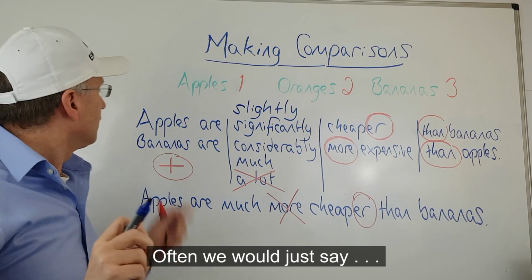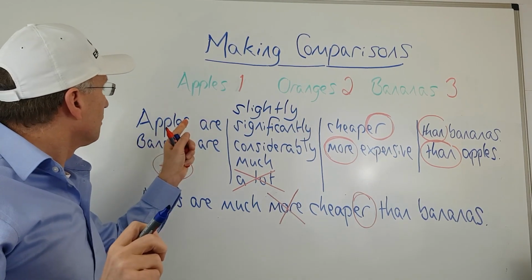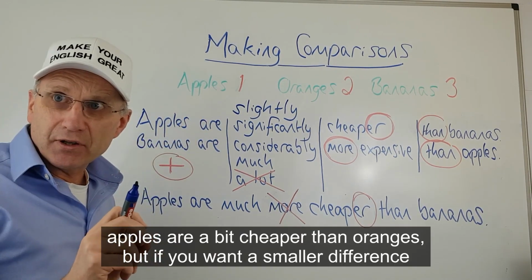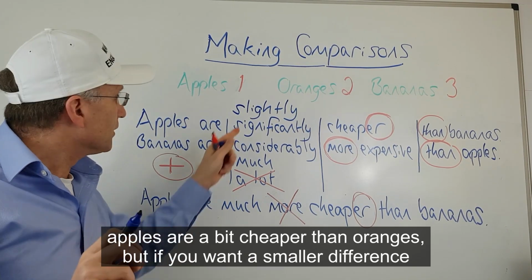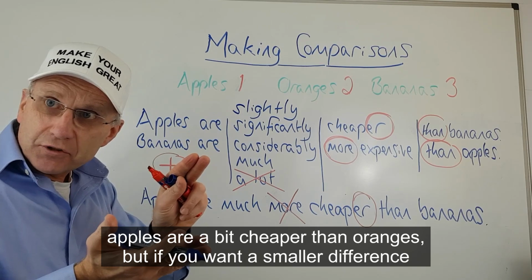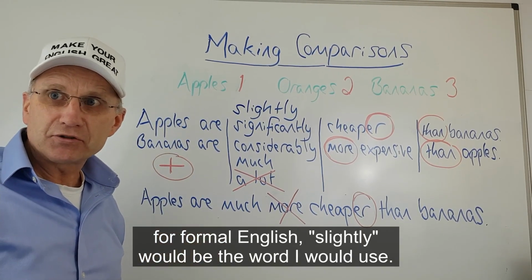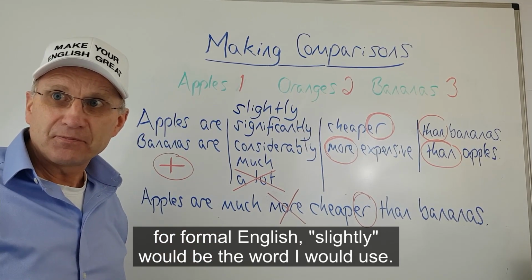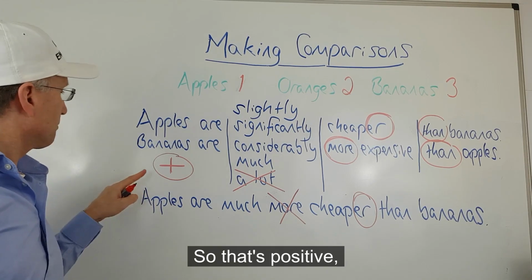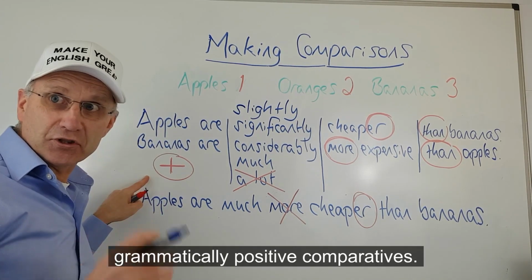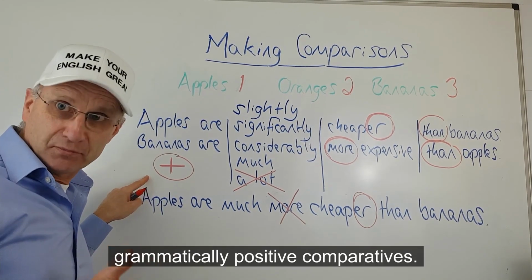Often we would just say, you might say apples are a bit cheaper than oranges, but if you want a smaller difference, for formal English, slightly would be the word I would use. So that's positive, grammatically positive comparatives.